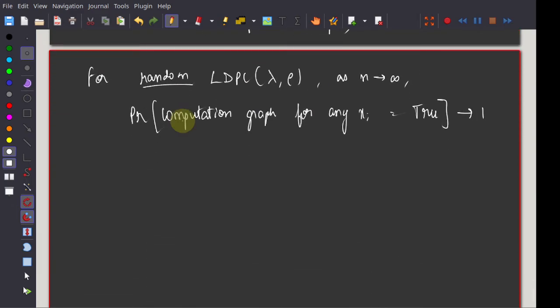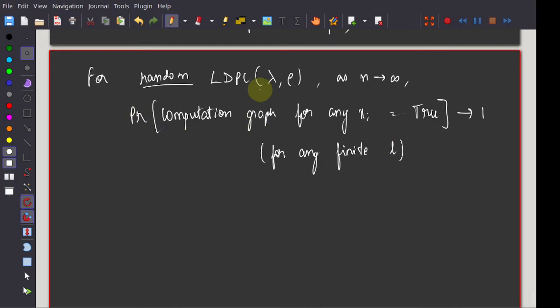But this is under a condition, for any finite or fixed L. So you fix the number of iterations, let's say 100 iterations, and you take n to be very, very large, much larger than 100.